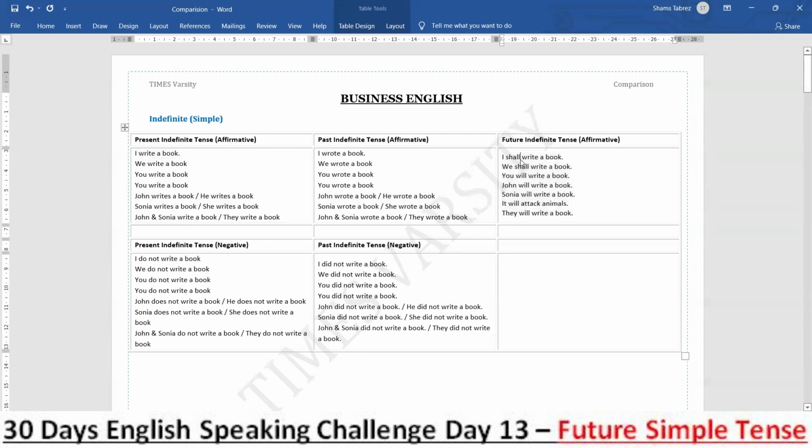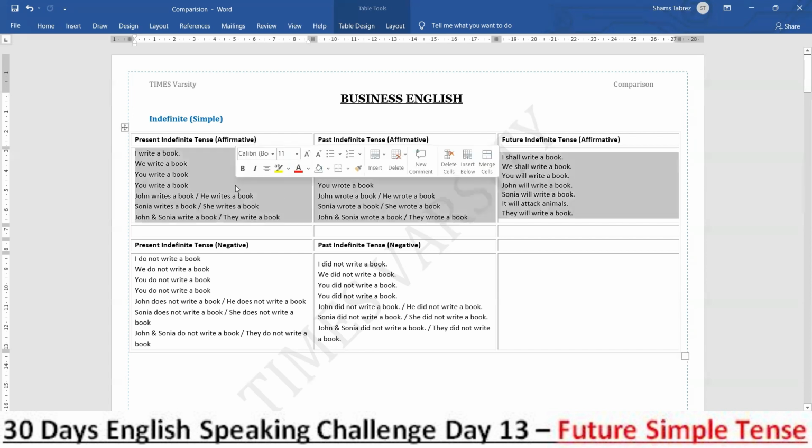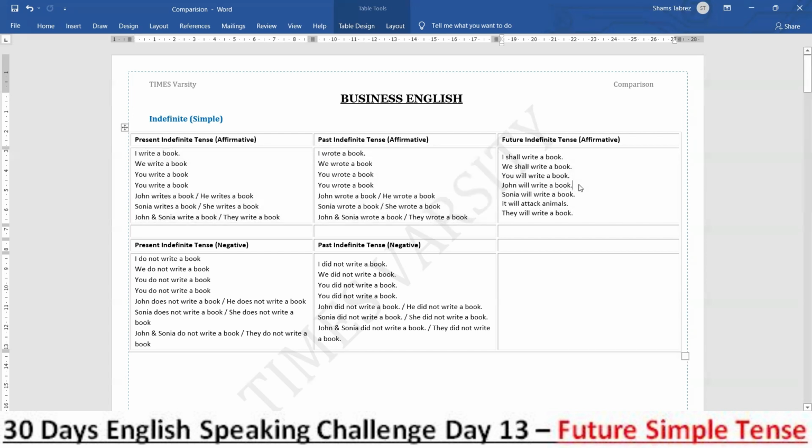If we remove the helping verb from future, it becomes present indefinite tense. If we remove shall from here, it will be like I write a book, which is present. So if I add a helping verb, shall or will, to present indefinite, it becomes future. This is how you need to distinguish. You need to understand the logic behind it.